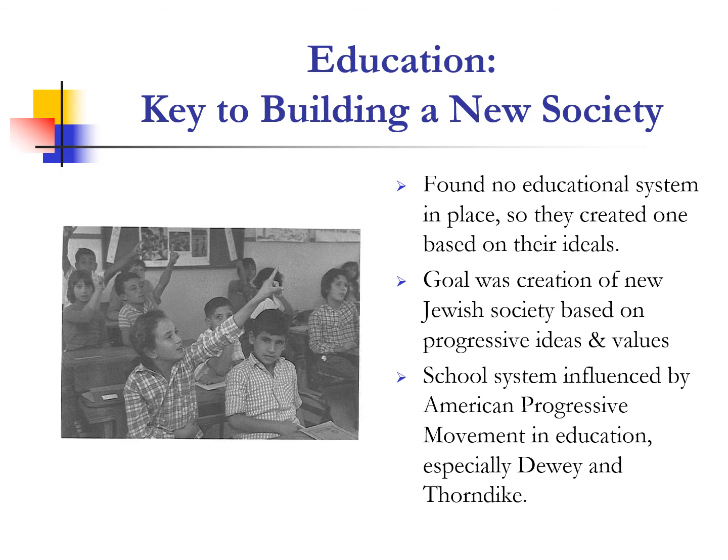And to do this, they were very influenced by the American progressive movement in education, especially by the work of Dewey and Thorndike. And they began to adapt and adopt everything from progressive education and transplant it directly to Israel.